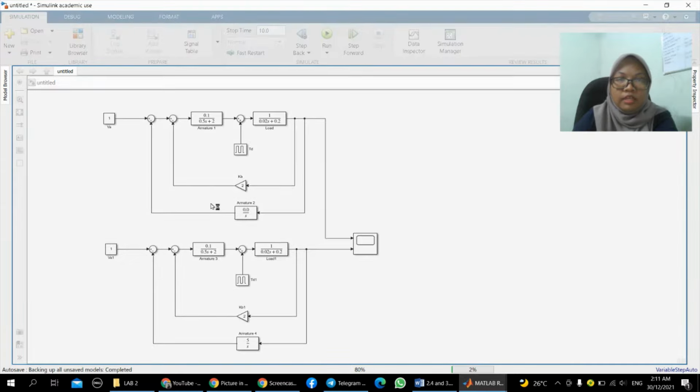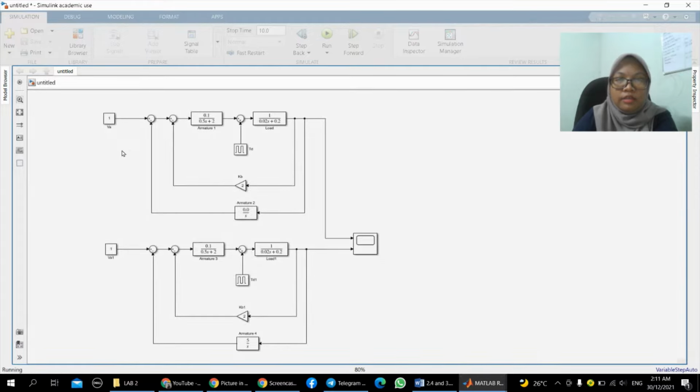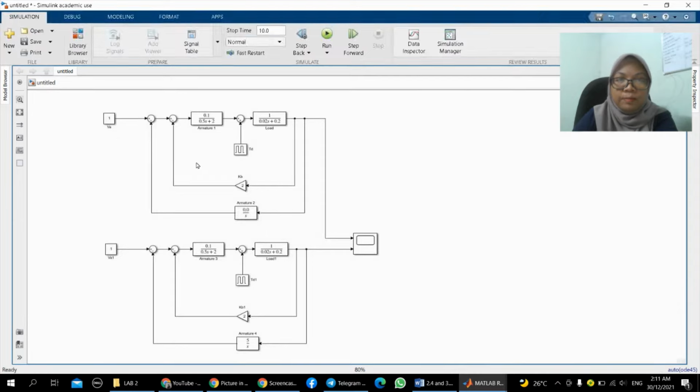The VA and the KB are the same. The value for VA is 1 and the KB is 1, which means the two block diagrams have the same values of VA and KB. Okay, then run this.